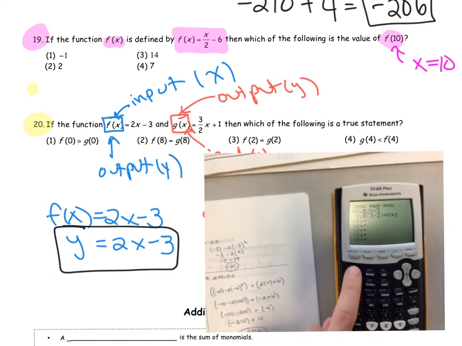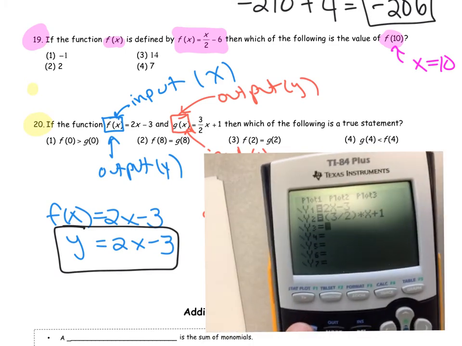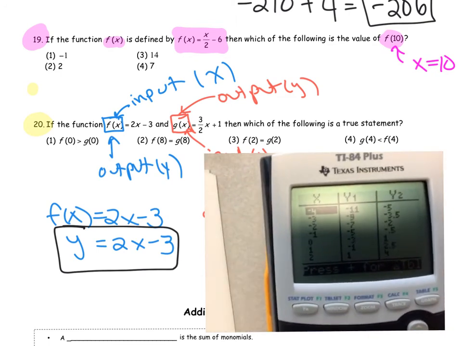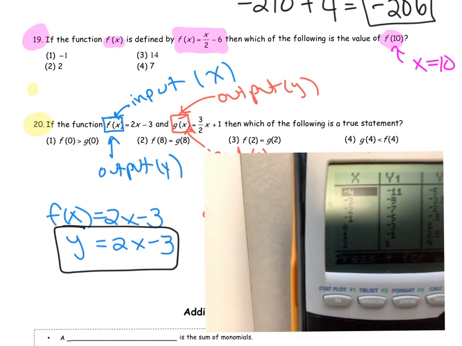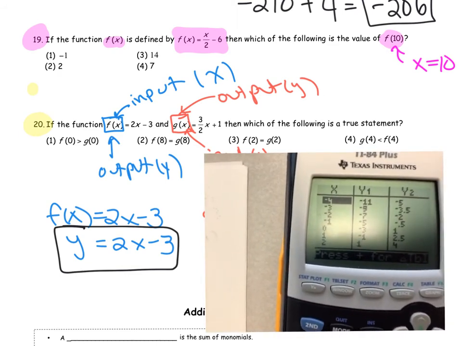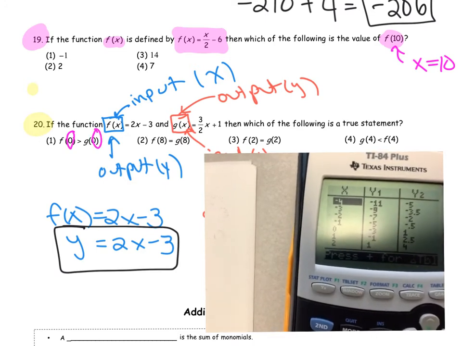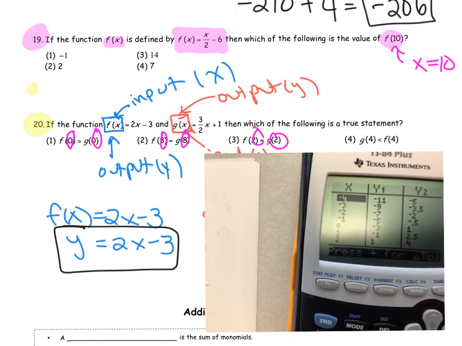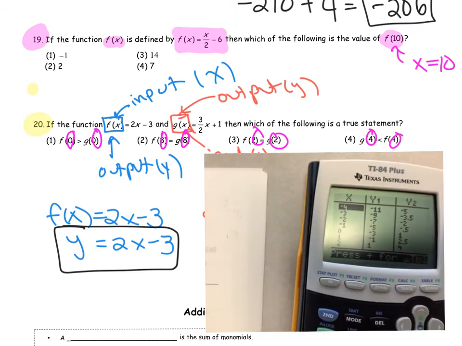Now, we're going to go to the table, so I'm going to do second graph. Here's my table. If you notice our answer choices, here's when x is 0, when x is 8, 2, and 4. We want to know which of these is true.